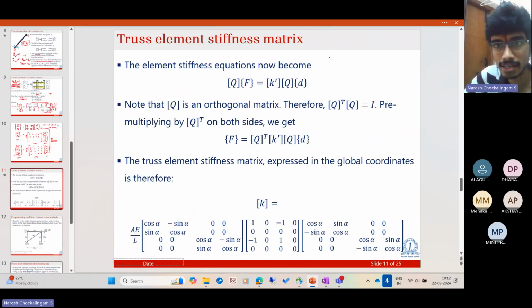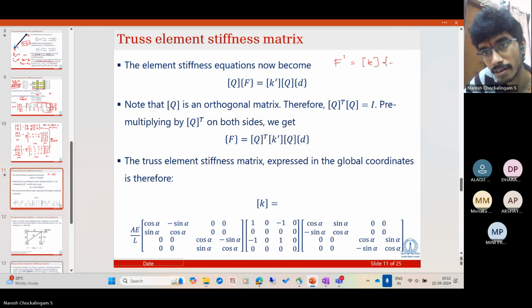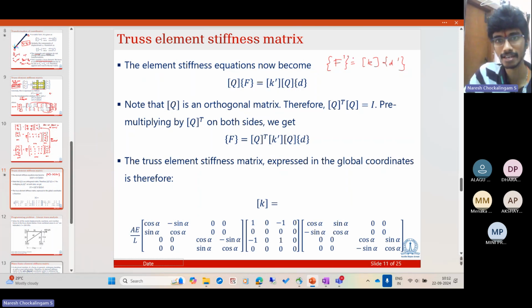Now, the relationship we had was f dash is equal to k dash d dash. This was the stiffness relation in the local coordinates. Then we wrote that f dash as Qf and d dash as Qd using the transformation relations. Now Q is an orthogonal matrix. You can check that.